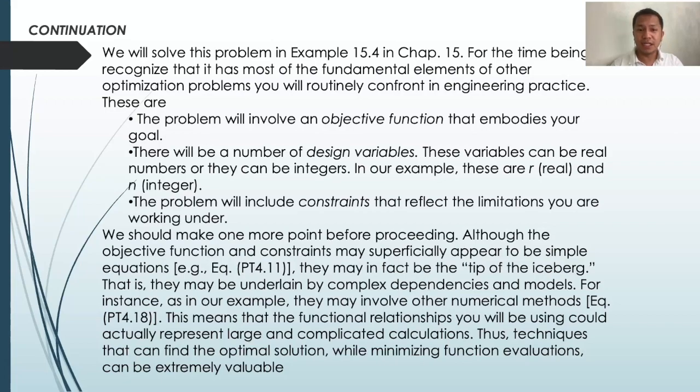For instance, as in our example, they may involve other numerical methods. This means that the functional relationship that you will be using could actually represent large and complicated calculations. Thus, techniques that can find the optimal solution while minimizing function evaluations can be extremely valuable.